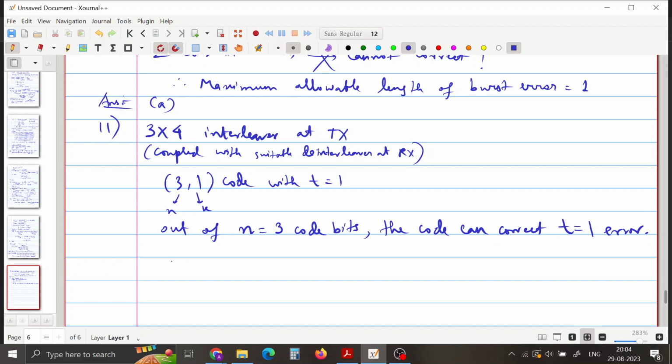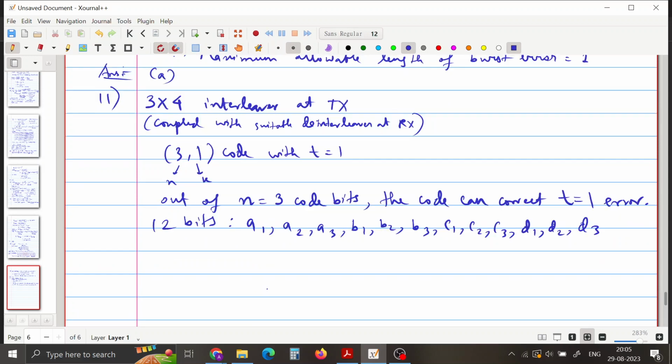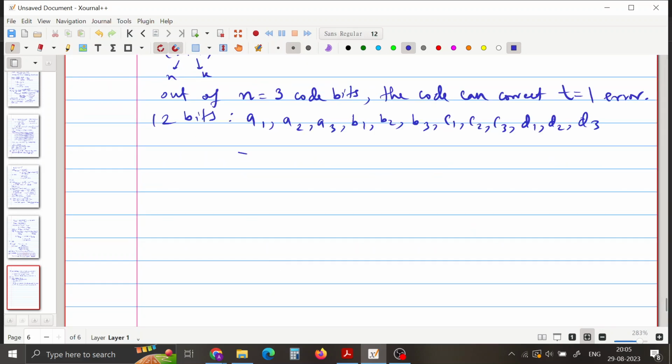For a 3x4 interleaver, how many bits will be there? Of course 12 bits, right? 3 times 4, 12 bits. Let me label them as A1, A2, A3, B1, B2, B3, C1, C2, C3, D1, D2, D3. 12 symbols are there. Now, if I construct my interleaver, how would it look?